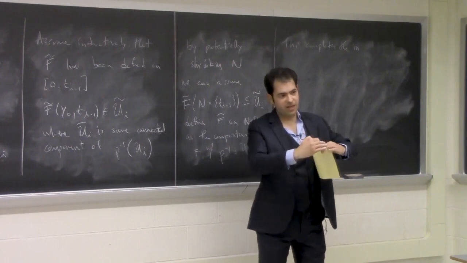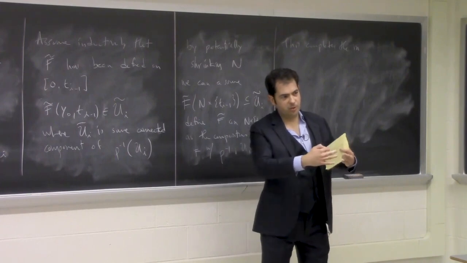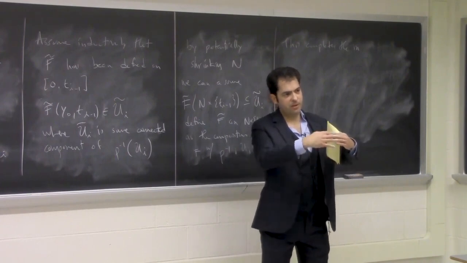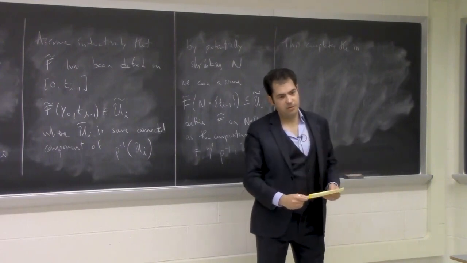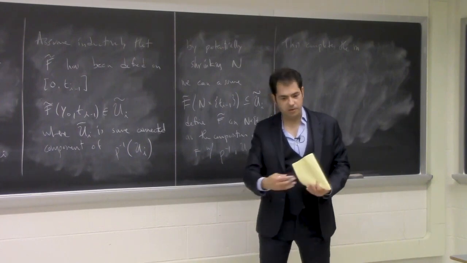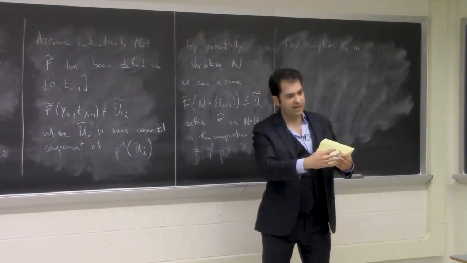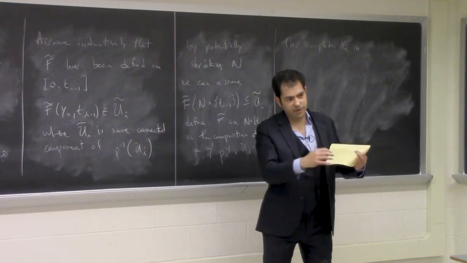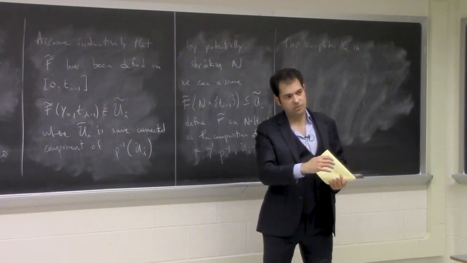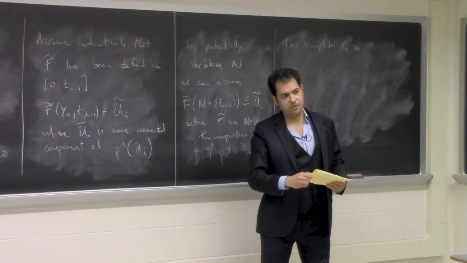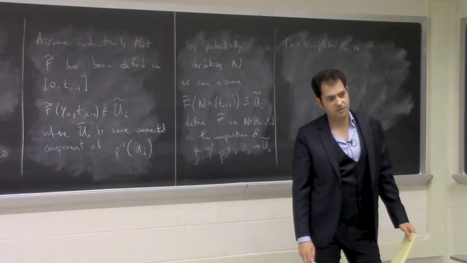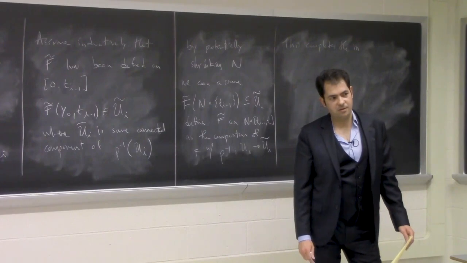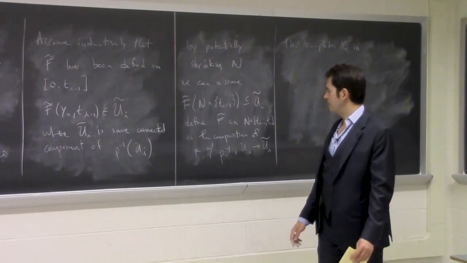So on overlapping sets, it has to be compatible, right? p inverse can't jump on a path. Oh, right. Why can't it? Well, because it's a local homeomorphism, because it always has a locally defined inverse. No, I guess my question is, how do you know that you had used that local homeomorphism and not some other local homeomorphism in defining the previous map, the previous inductive step map?